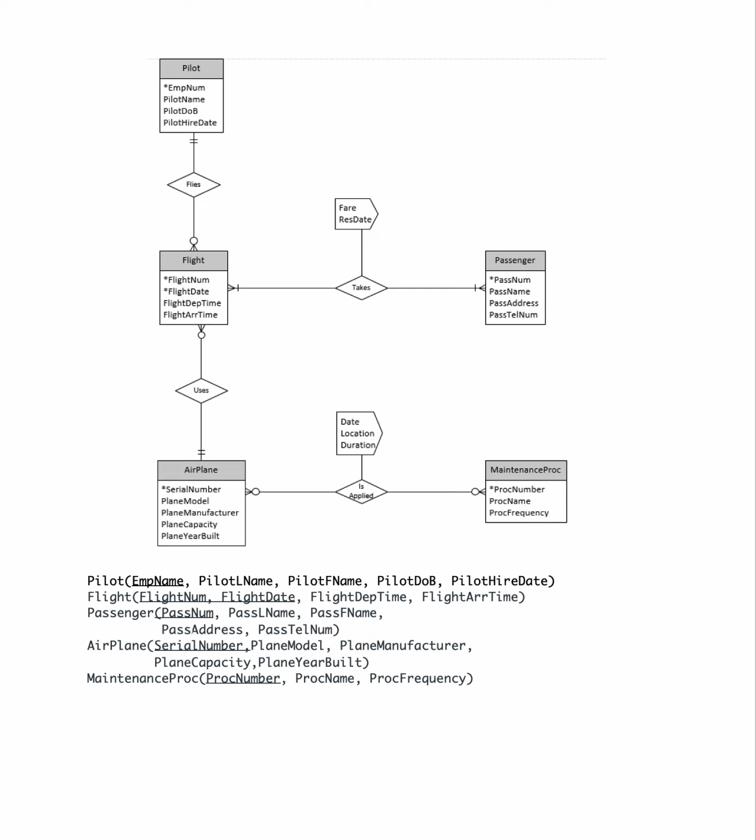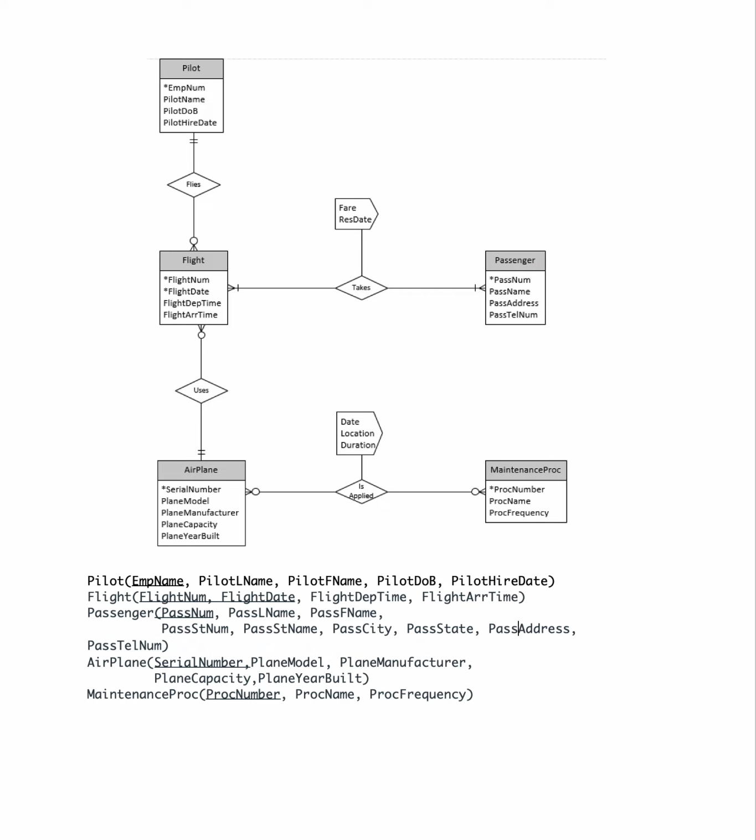So we get passenger street number, passenger street name, passenger city, passenger state, and passenger zip, and then we can get rid of the address.